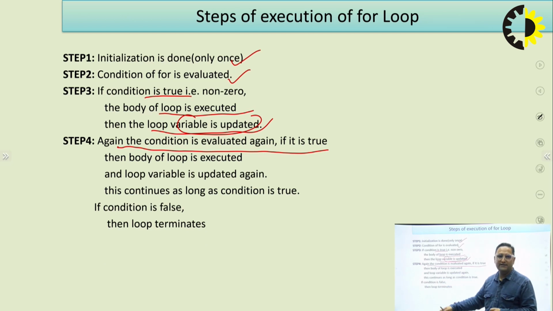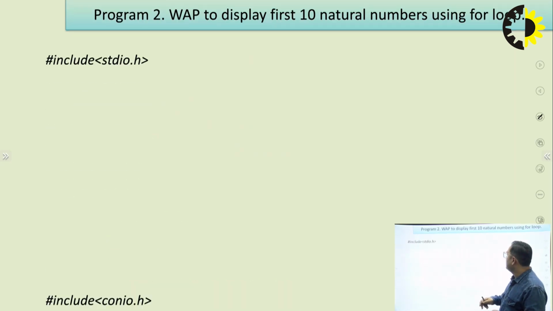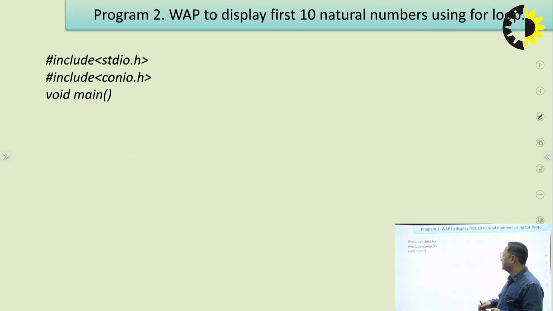Then the loop terminates and exits. So these are the steps involved in the for loop.